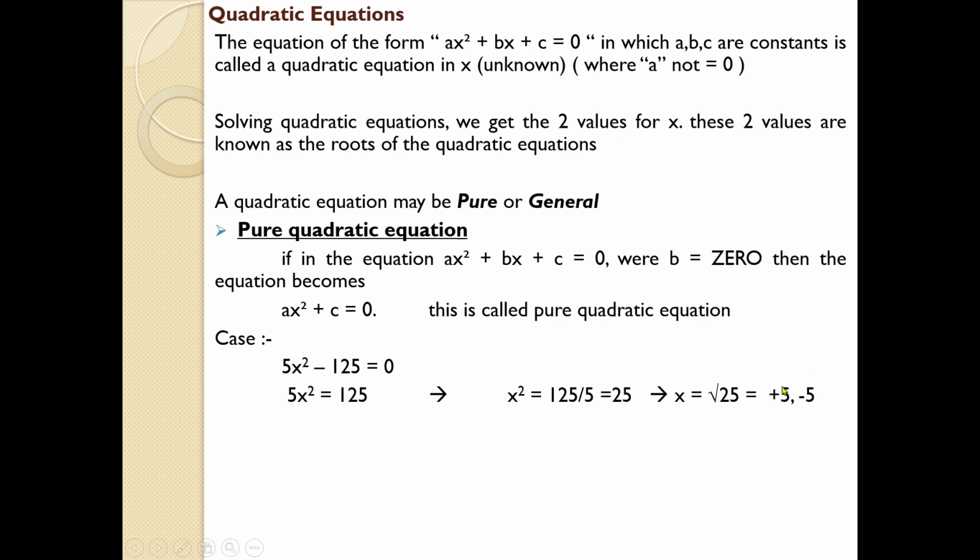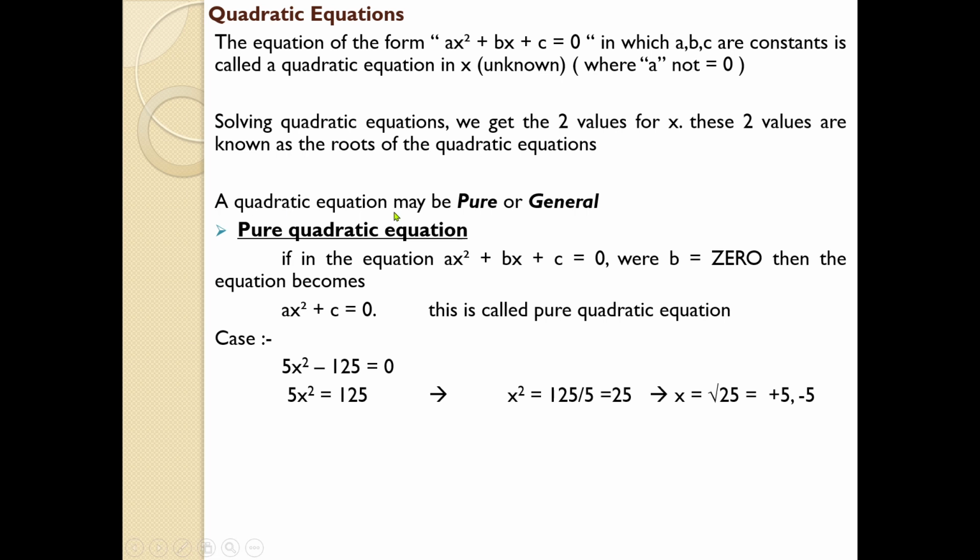That is why in the second line, see, solving quadratic equation, we get two values for x. I will show the equation for the quadratic equation, then you will get the concept of why we are showing here plus 5 and minus 5, because root of 25 means there is only 5. Then how are we going to get plus 5 and minus 5? I will show with the equation, then you will get the concept.